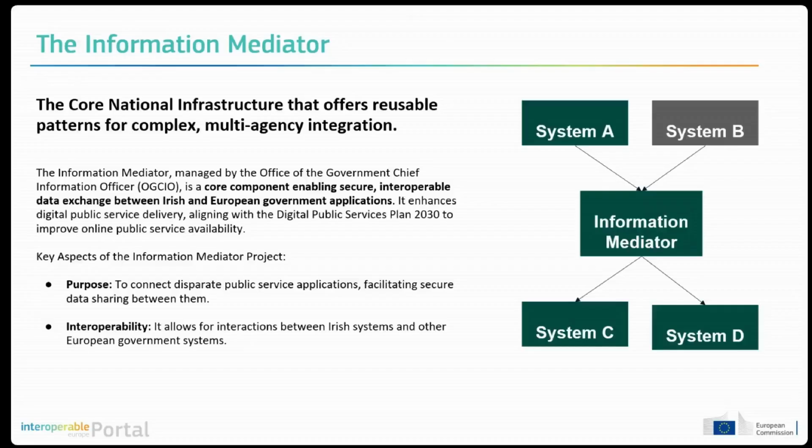And now it doesn't need to build everything from scratch, right? Everything is already there. We offer that capability out of the box, and then we can speed up the development time. That's the main purpose of the Information Mediator: to facilitate secure data sharing between those departments. Next slide, please.